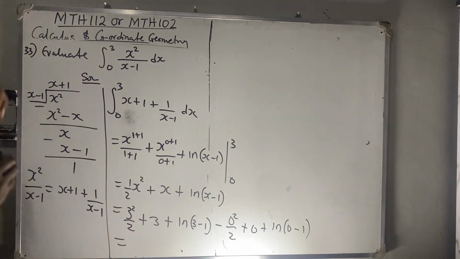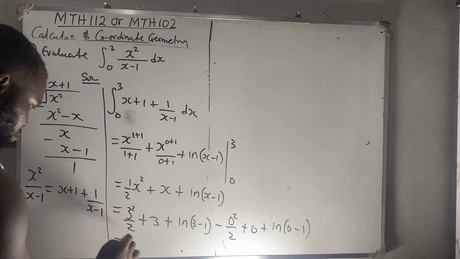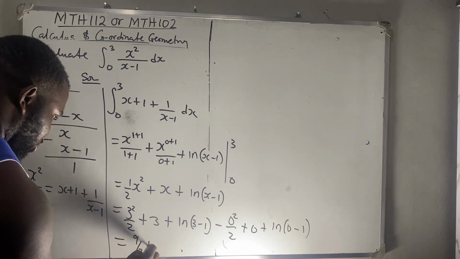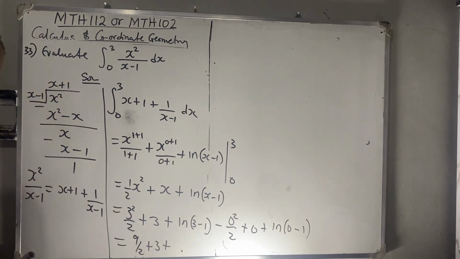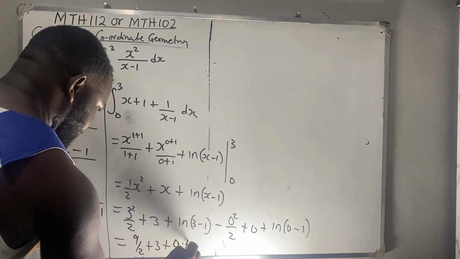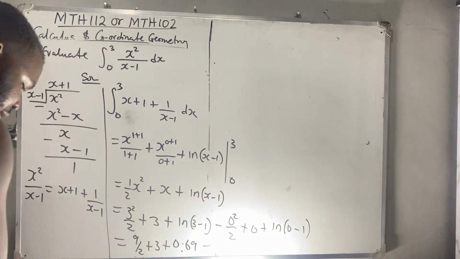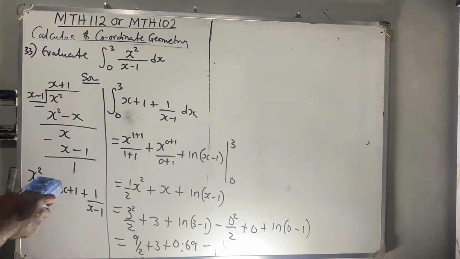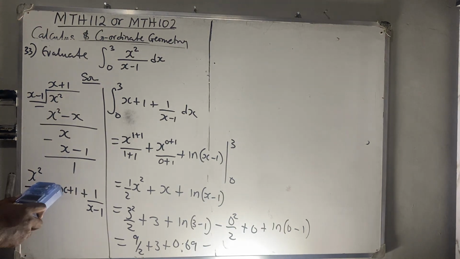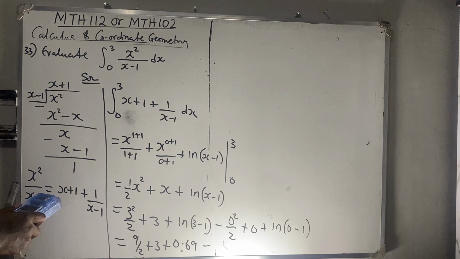So this is 9 over 2 plus 3 plus ln 2, and ln 2 gives 0.69. Then minus 0, minus 0, ln of minus 1. Ln of minus 1 is an error.